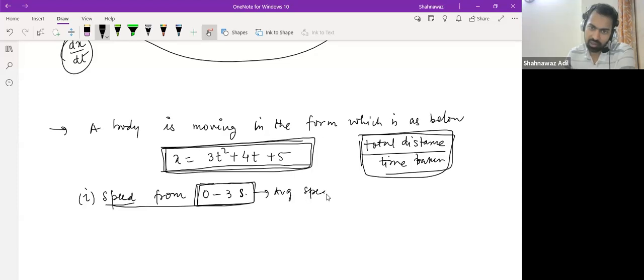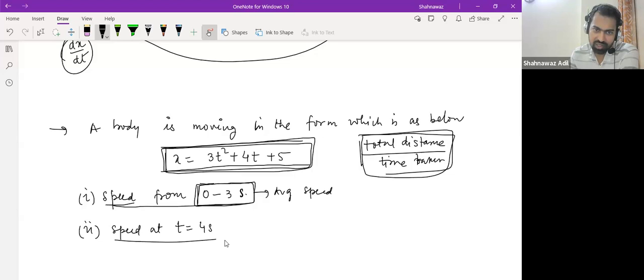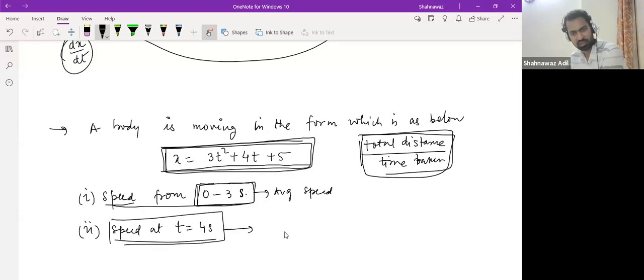And if they want us to calculate the speed at t equals 4 seconds, so this time is given, right? So is this average or instantaneous speed? Instantaneous.